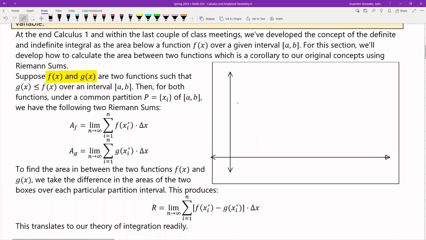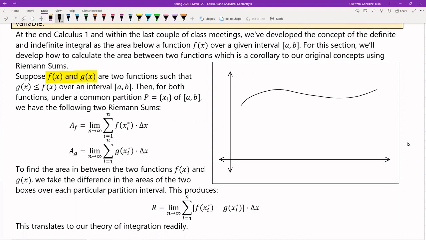I'll grab this one and make it a little tinier, move it over. There we go. And I'm going to draw two curves: an f of x and a g of x, purposely drawing them a little different.